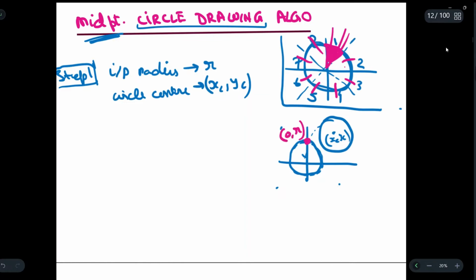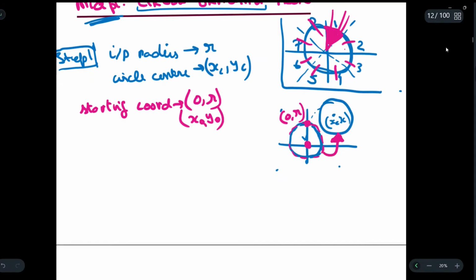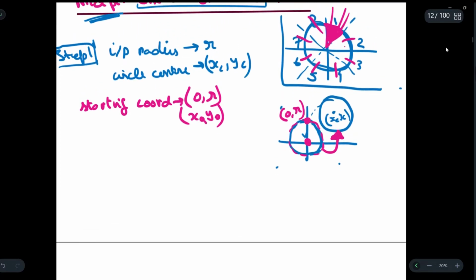That is our starting initial coordinates, 0 comma r, or we can say x naught comma y naught. So for now we have considered the circle to be at the origin. Later on, when we are done with the algorithm, we will move it from the origin to its original place. I will tell you how. It's a very simple step. And let us now move to the second step.